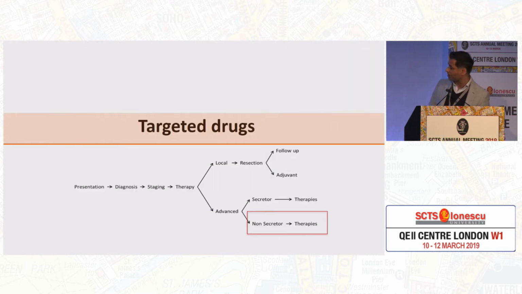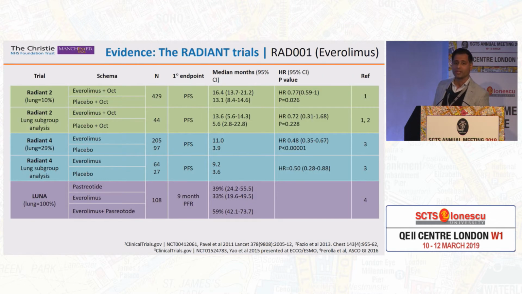What about targeted therapies? So for targeted therapies, I can actually quote level 1 and level 2 evidence here. So we've done quite well. The lung nets have done quite well with the proper big studies. So the use of everolimus has mainly been described in 3 studies, Radiant 2, Radiant 4, and the LUNA trial, all of which included lung net patients.